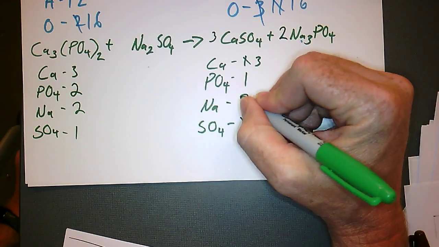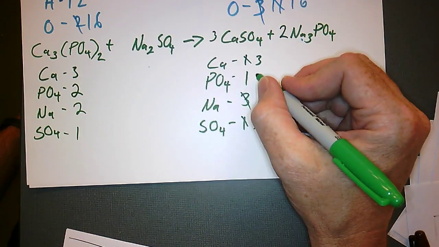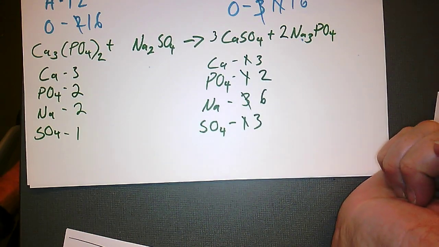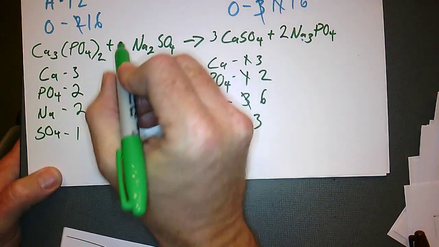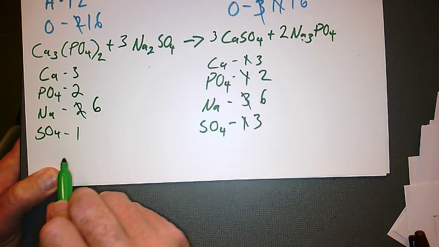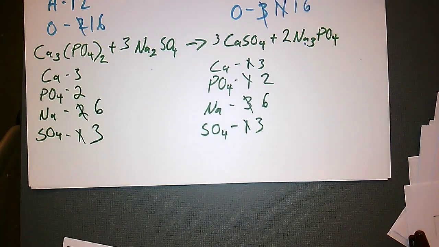Okay, so my Nas become 6, and my PO4, 2. Now what do I got to do? Yeah, put a 3 here. That makes this 6. What's it do to my SO4s? Makes it 3. You guys see how that works? Okay, you guys will have practice. Make sure and show your work.